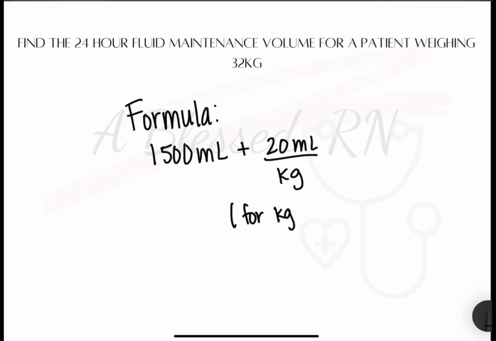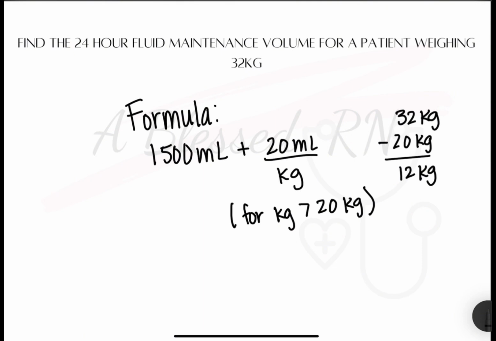So we will have to take the patient's weight, that is 32 kilograms, and subtract 20 kgs, and that is going to give us 12 kgs. This is the part that we are going to use in the formula, the 12 kilograms.